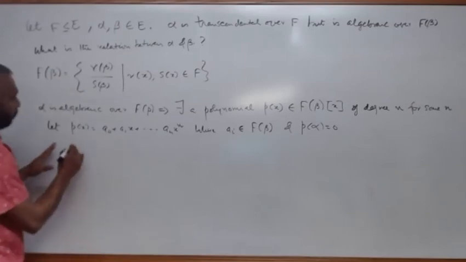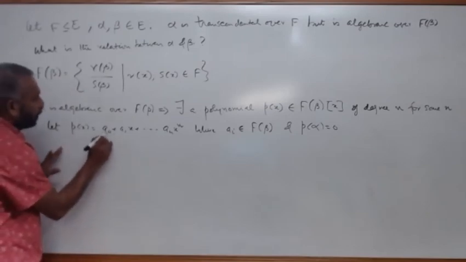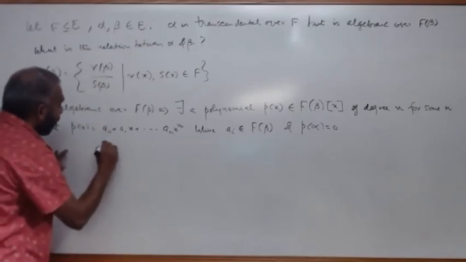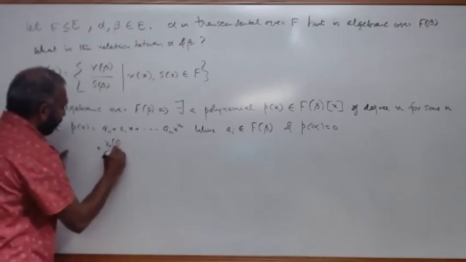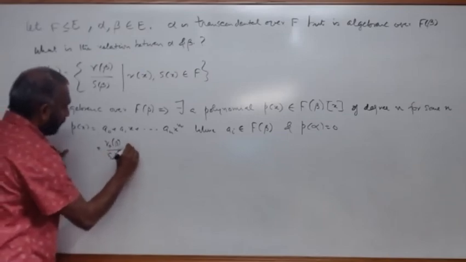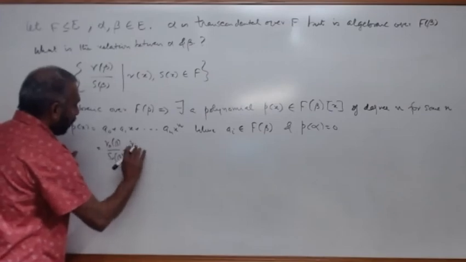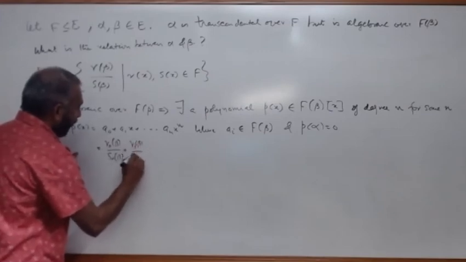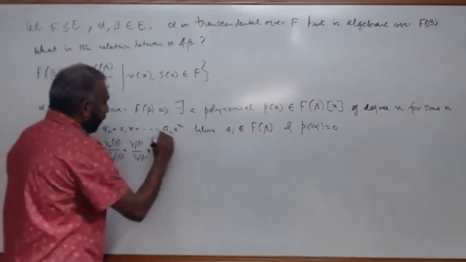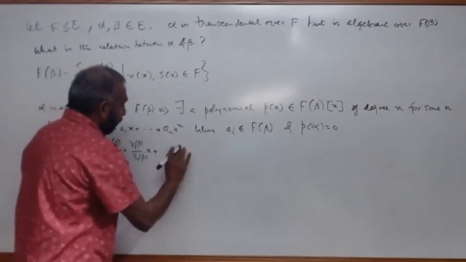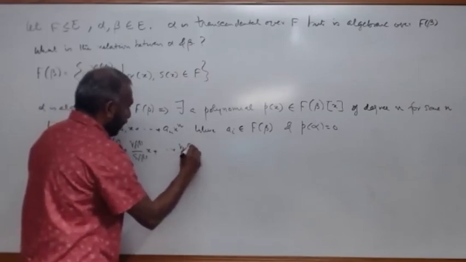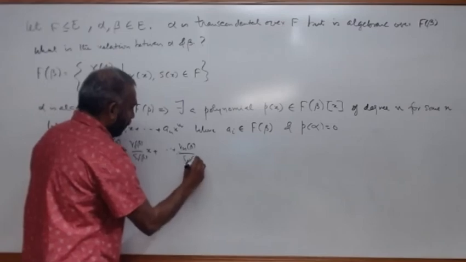Now, let us substitute the a_i's with some elements like this. So this will be r0 of beta by s0 of beta plus r1 of beta by s1 of beta times x plus ... plus rn of beta by sn of beta times x to the n.